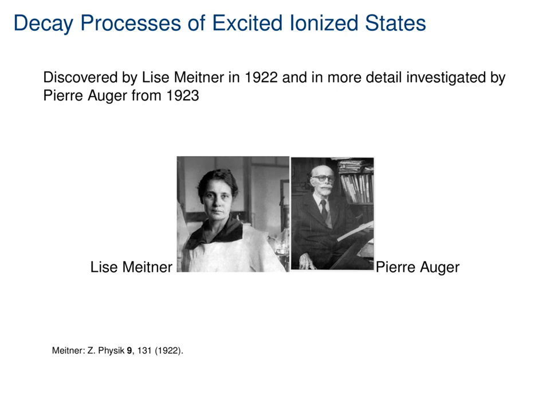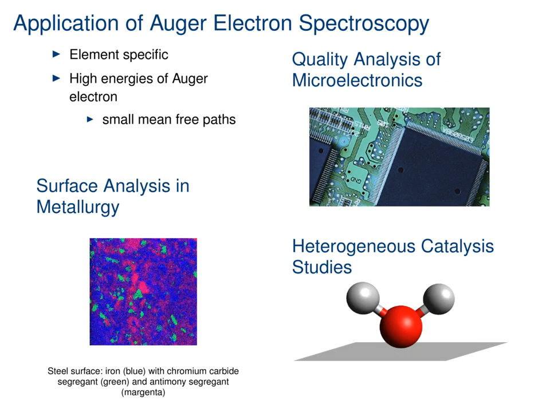Today, this process is, for example, used in Auger electron spectroscopy. It is element-specific and is therefore used for surface analysis in metallurgy, for quality analysis of microelectronics, and for the mechanistic studies of heterogeneous catalysis.